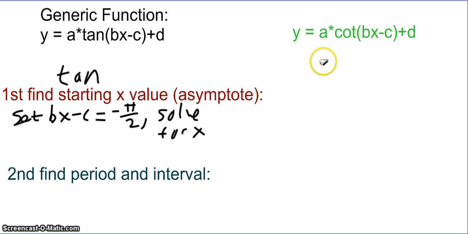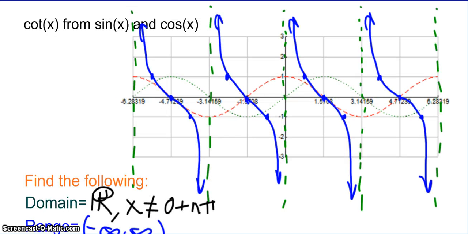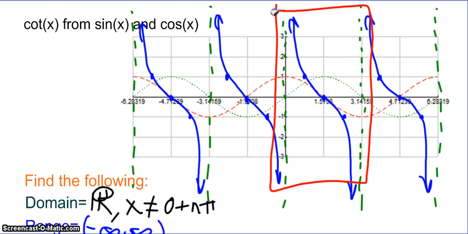For cotangent, we want to set bx minus c equal to 0. And the reason why is, here for the cotangent graph, remember I said that this right here is the standard period for y equals cotangent of x, and that starts at an asymptote of 0.